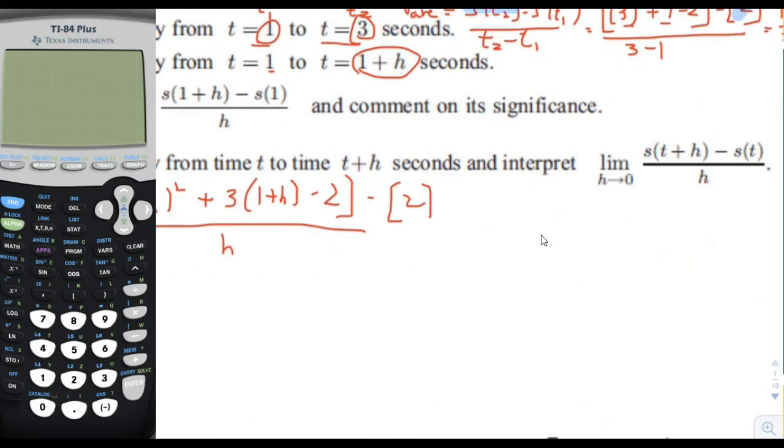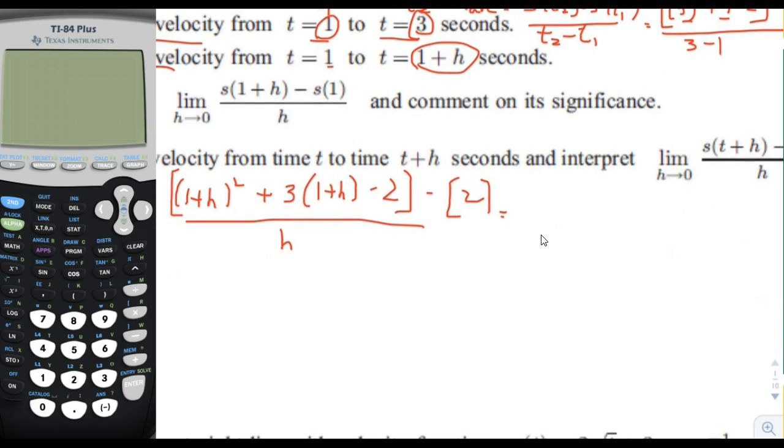Now let's expand this with FOIL. So now we're going to have 1 plus 2h plus h squared plus 3 plus 3h minus 2. And then we have our minus 2 here also, so that would be minus 2 minus 2. And that's in the numerator, and in the denominator we'll have h.